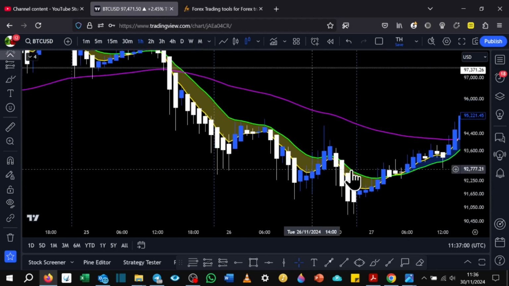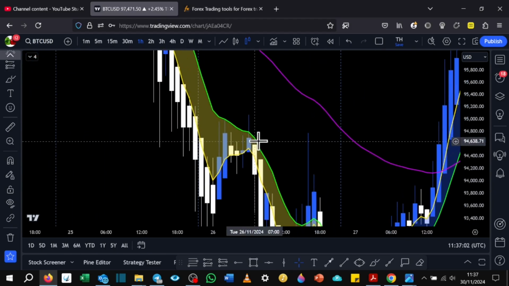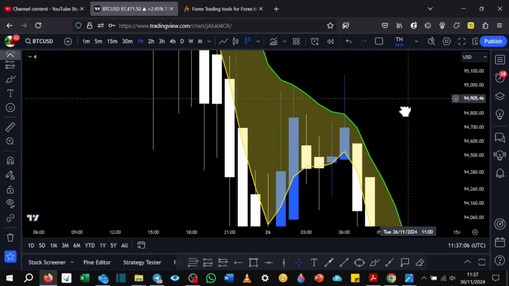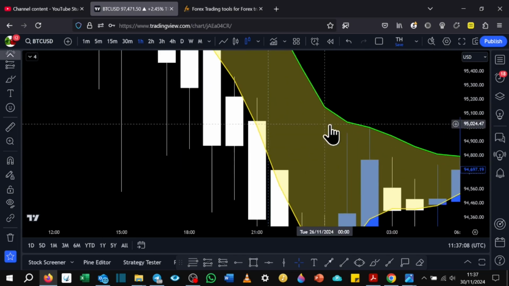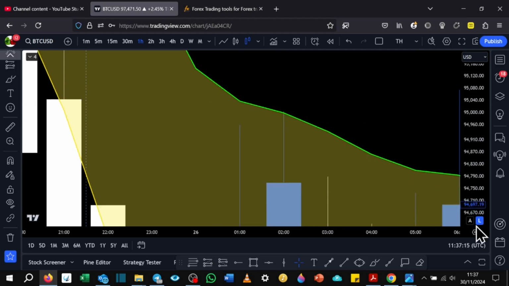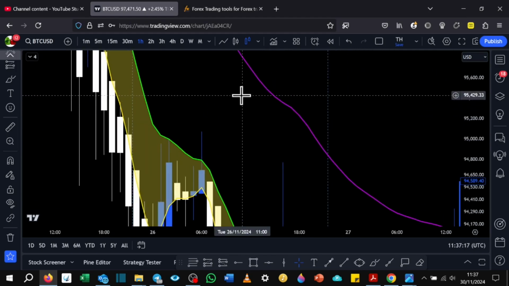Prices come back up. We've got the alert happen twice actually. Let's see if it's definitely hit the EMA. Yeah, so you can see that's actually hit the EMA there. That was at 2 a.m. So I was asleep for that one, so missed that alert.